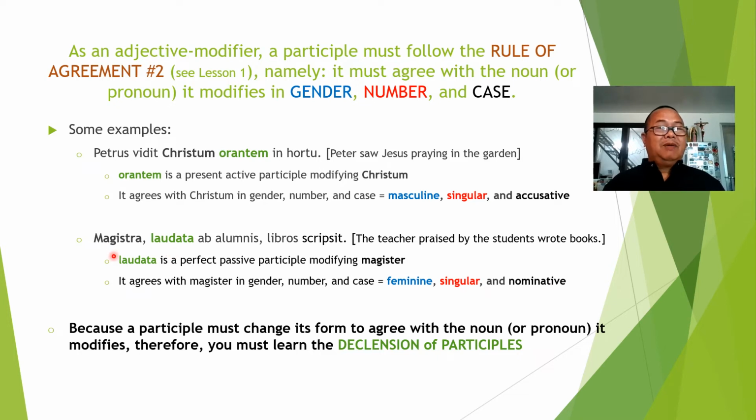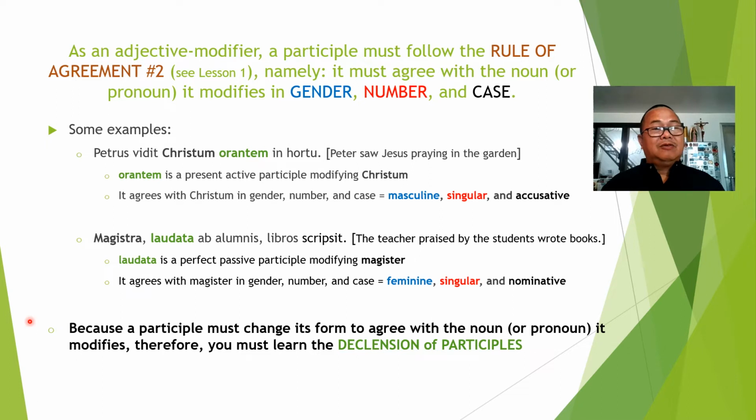Magistra is feminine, laudata is feminine. Magistra is singular, laudata is singular. Magistra is nominative, laudata is nominative. So, ining duwang examples na ini just to show to you that the participle as an adjective modifier agrees with the word it modifies in number, gender, and case.